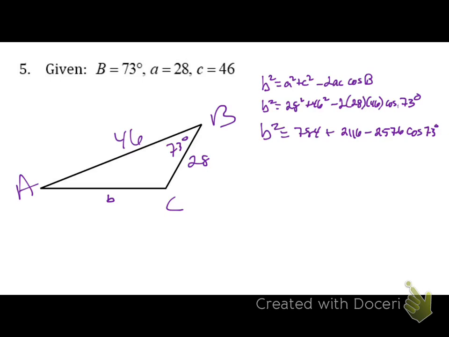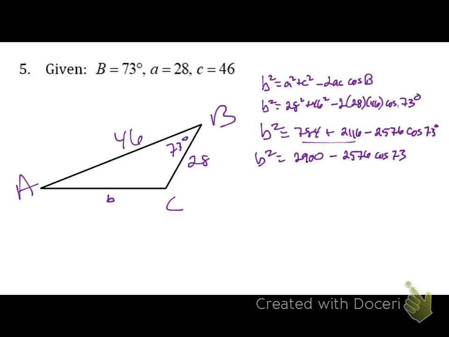Okay. All right, so now we're going to add the 784 plus the 2116. That gets you 2,900 minus 2576 cosine of 73. Again, don't subtract the 2,900 and the 2576. We can't do that.